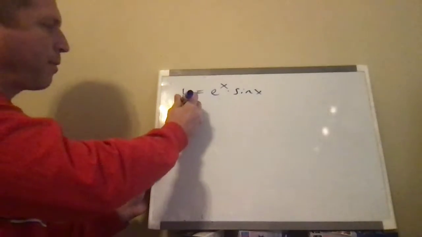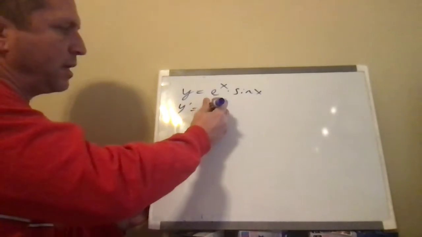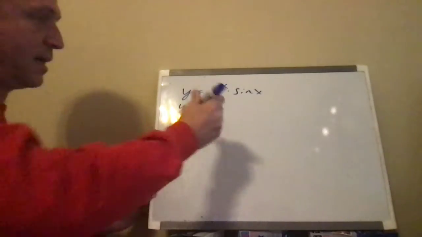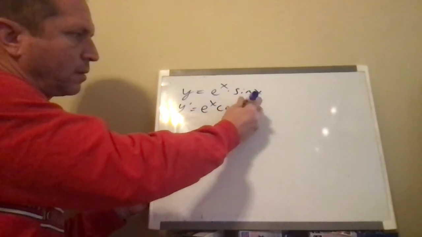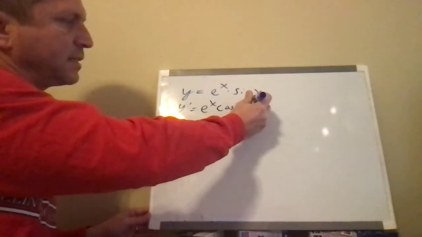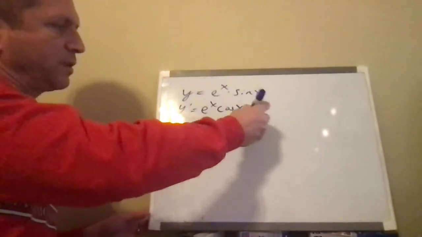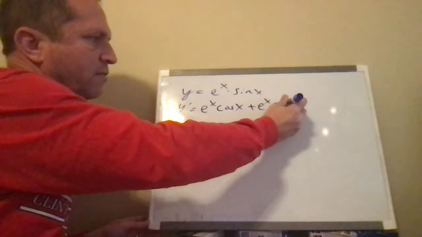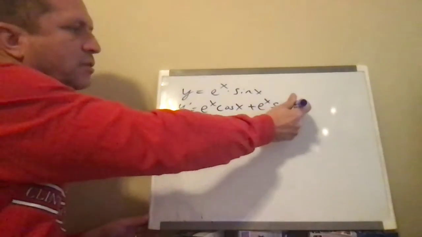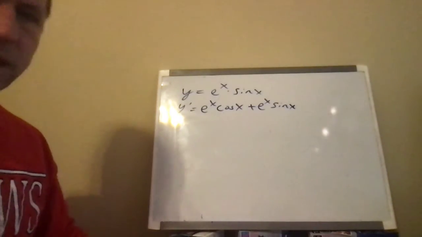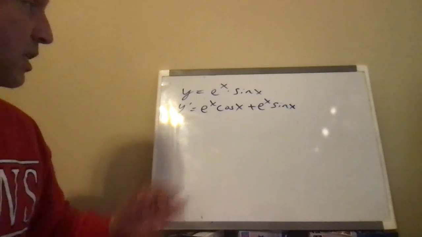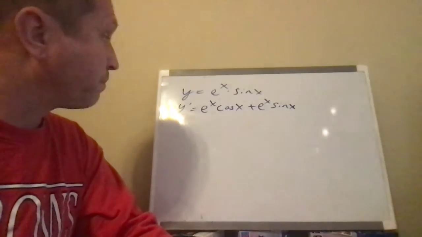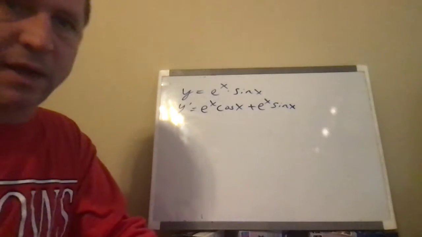So y prime is going to be the first term, e to the x, times the derivative of the second term, which is cosine x, plus the derivative of the first, which is e to the x, times the second function, sine of x. At this point you could factor out an e to the x from both parts, and there may be situations where it would cancel out later on. But for right now, we can just leave it like that.